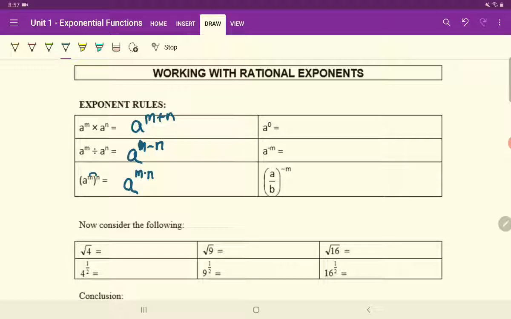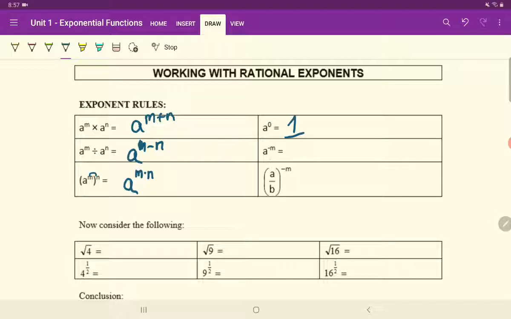Anything to the power of 0, so any number or any variable, remember, a variable just represents a number, anything to the power of 0 just equals 1. And I proved it to you yesterday. You just need to remember it for sure, but it's good to understand why it equals 1 as well.